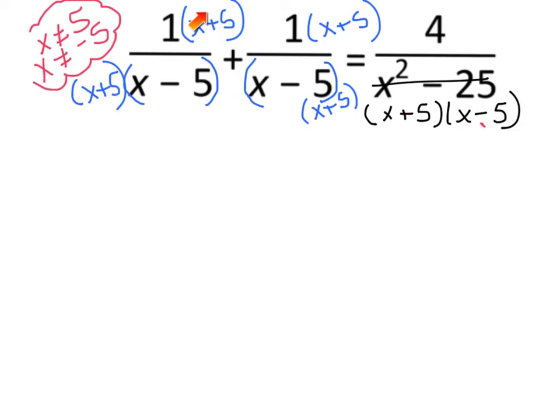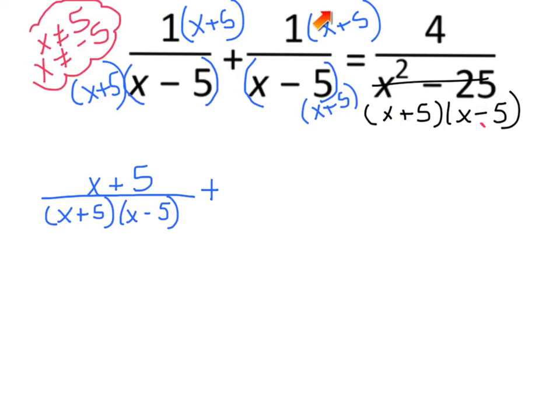Okay, distributing the 1 to both of those, 1 times x, 1 times 5, still results in x plus 5. Bring down that plus sign.